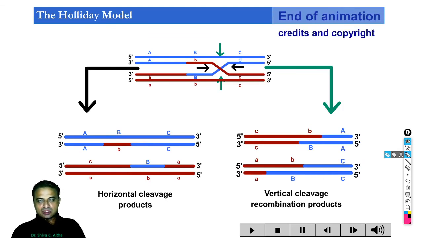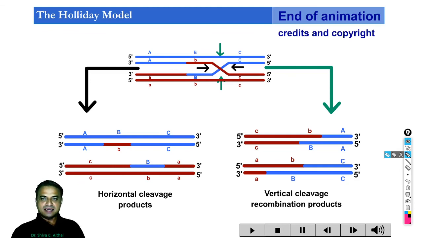So it can be summarized in a few steps, where in the initial stage there is a branch migration, crossing over, and branch migration takes place simultaneously. Once the branch migration takes place, you have to remember there are two types of rotations of the strand.